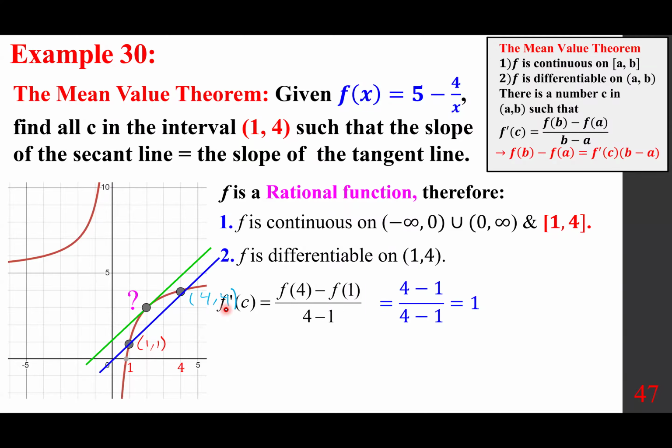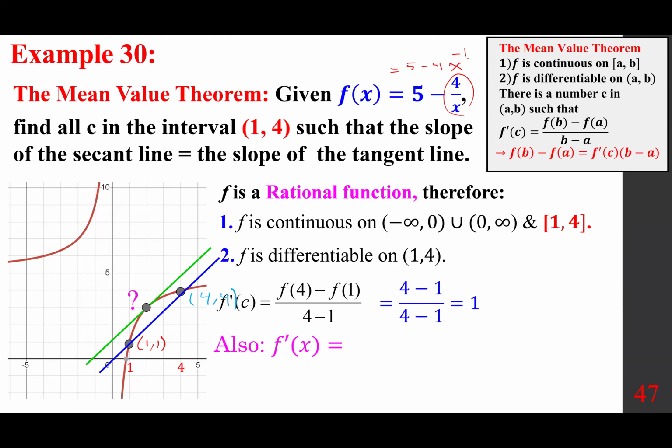So all you have to do is set up f prime of x equal to 1, which means let's calculate the derivative quickly. For this one, maybe I rewrite it as 5 minus 4 x to the power minus 1.